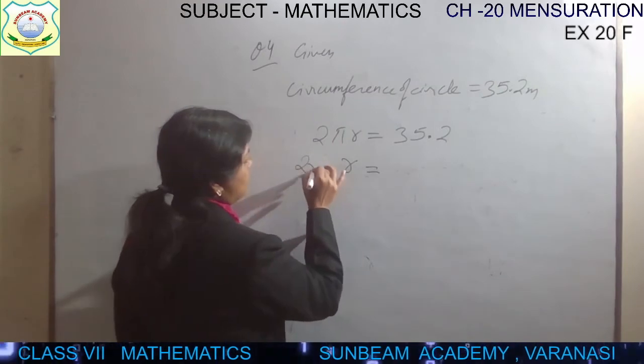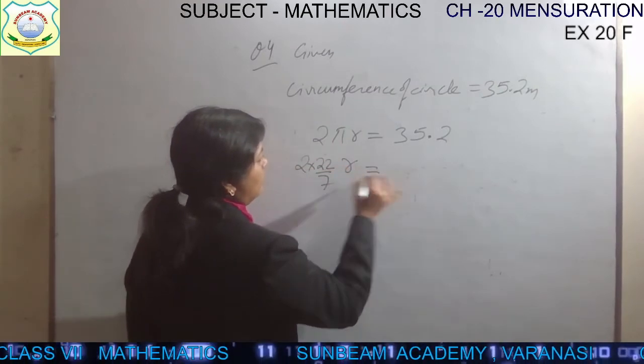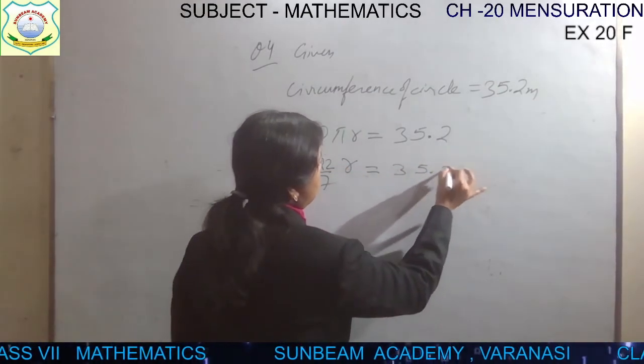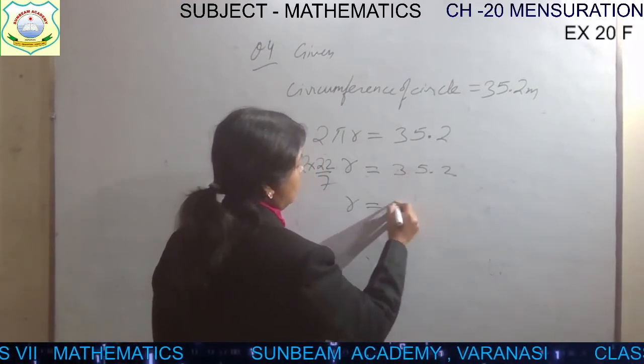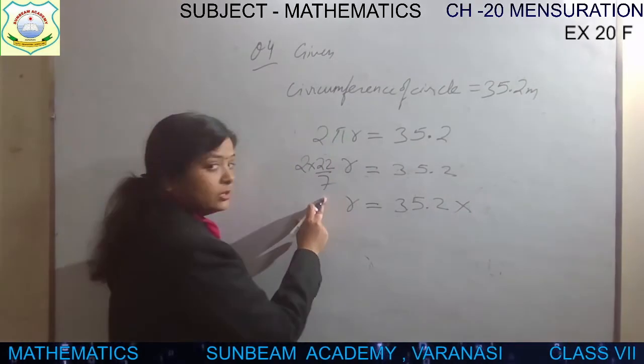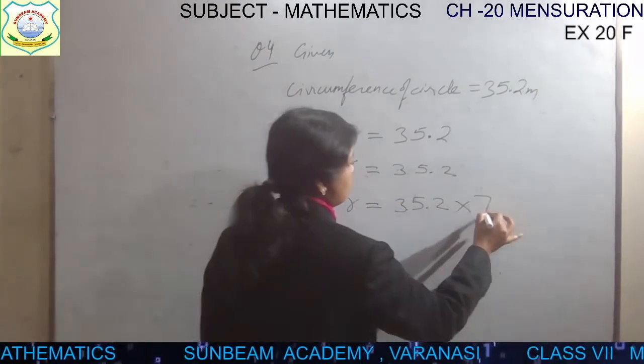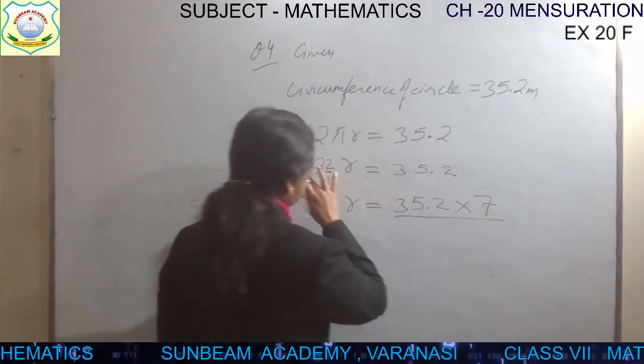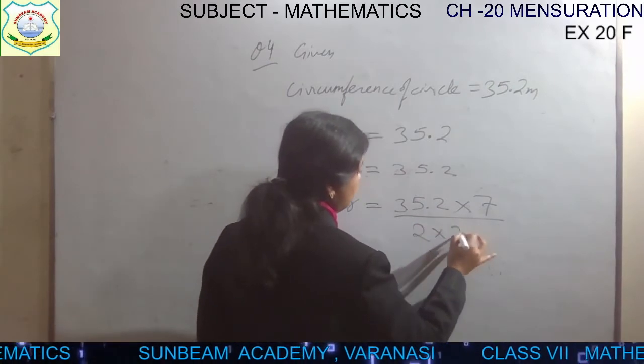So this will be 2 into 22 by 7 into r, and it is 35.2. Keep r on one side; 35.2 is already on that side. You have to transpose the 7, so r is 35.2 into 7 divided by 2 into 22. 2 into 22.